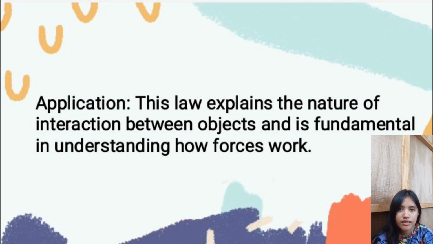Application. This law explains the nature of interaction between objects and is fundamental in understanding how forces work. Explanation. Kini nga law nag-explain sa pagtagbo or interaction sa mga butang ug kini usa sa mga haligi sa pagpasabot kung giunsa pag-apply ang puwersa or force sa usa ka butang.